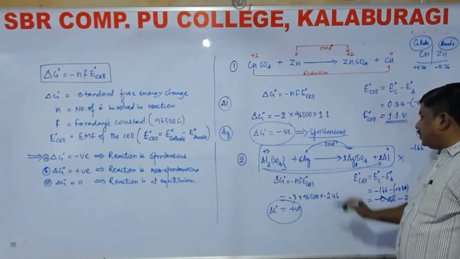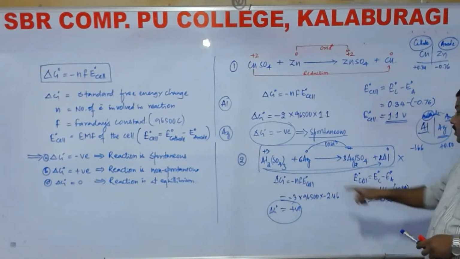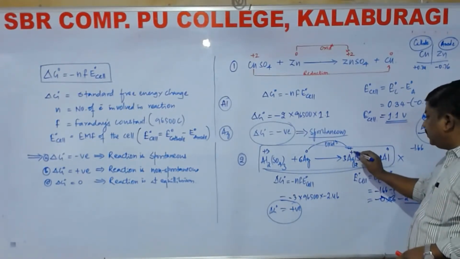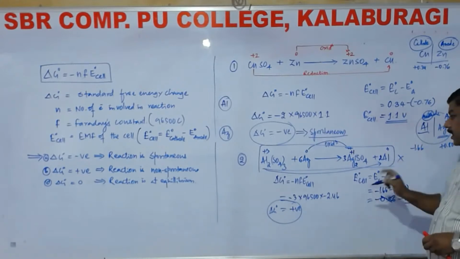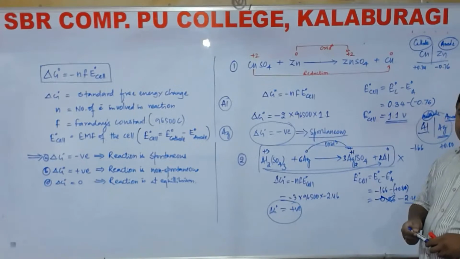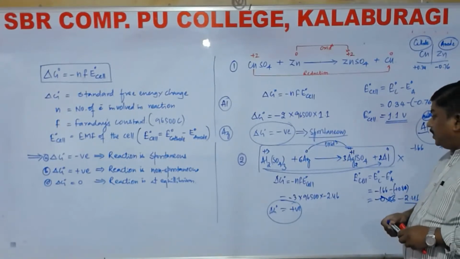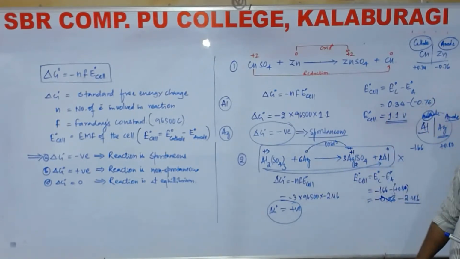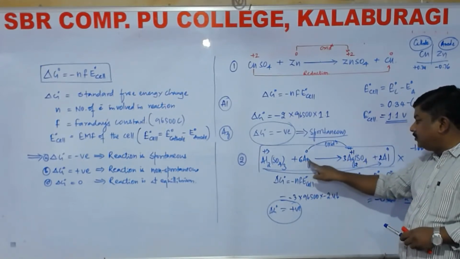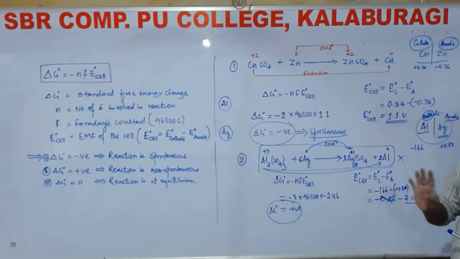What's the number of electrons lost by silver? One silver loses how many electrons? 1. Here the oxidation state of silver is +1. One silver loses 1 electron. One aluminium ion gains how many electrons? 3 electrons. The number of electrons lost must be equal to the number of electrons gained. If one silver loses 1 electron, then 6 moles of silver lose 6 moles of electrons.